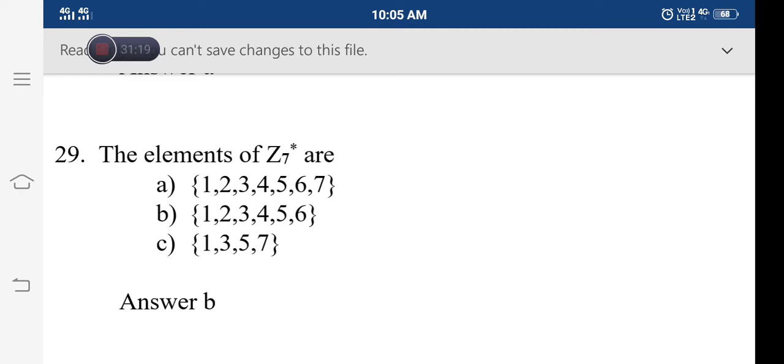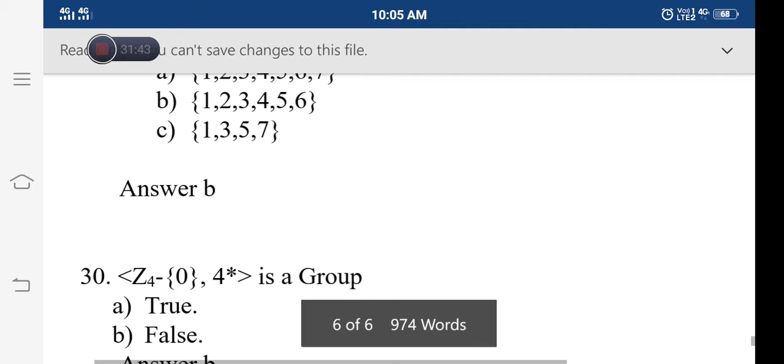Again, in between 1 and 6, one more condition to be satisfied is, whichever value you are choosing, when you find the GCD between the value n and the values of I which is greater than 0 and lesser than n, it must be co-prime with the value of n. So for Z7 star, I will be having 1, 2, 3, 4, 5, 6 as the answer.